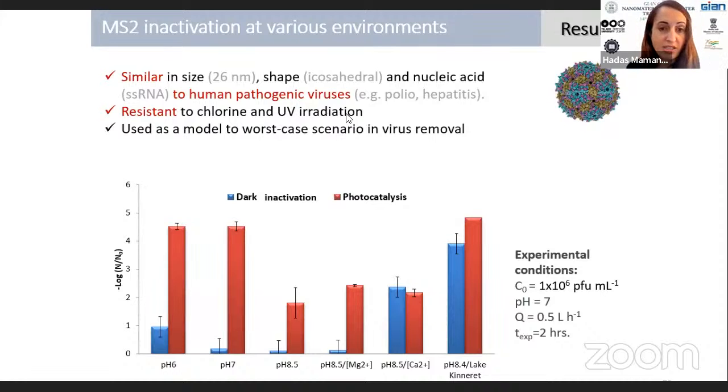And so what we did is we tested the photocatalysis at pH 6, pH 7, and pH 8.5. We added magnesium, we added calcium, and we also took surface water. What we found is that when we took surface water, most of the viruses disappeared even in dark conditions.